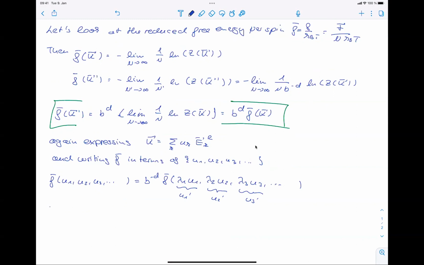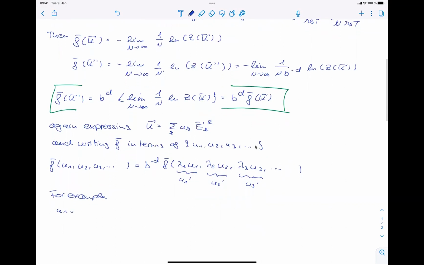So we have, for example, U1 being the reduced temperature, and U2 being the applied field. And all other variables are stable.